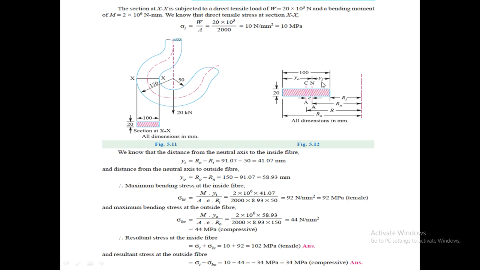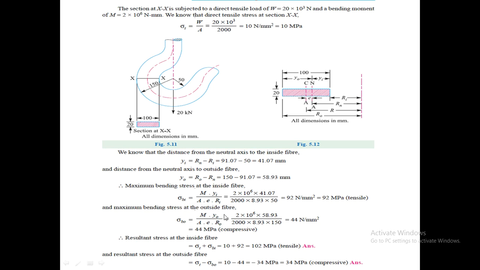We can calculate Yi and Yo with respect to the radius. Yi is Rn minus Ri, Yo is Ro minus Rn. Using the y values, we can calculate the bending stress using the equation M by I is equal to sigma by y.